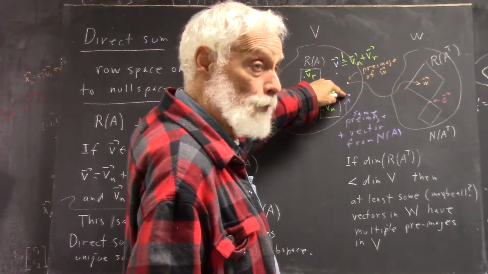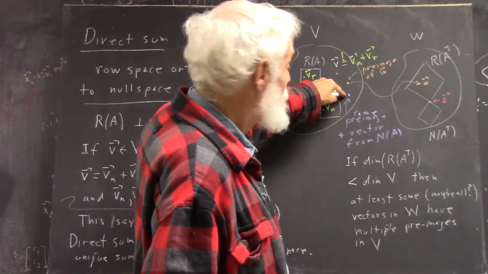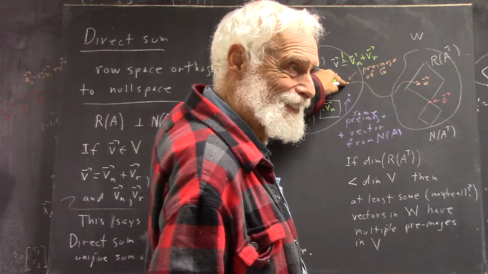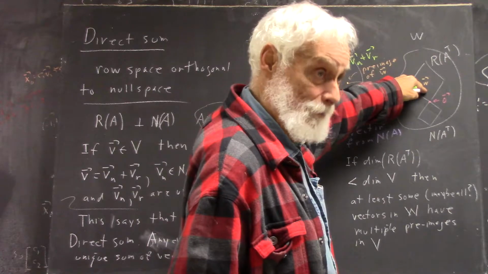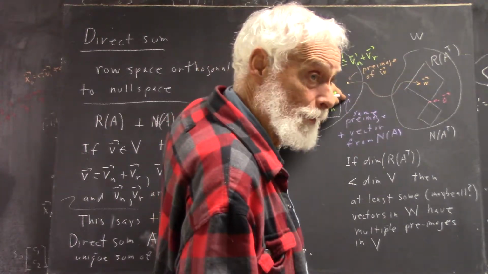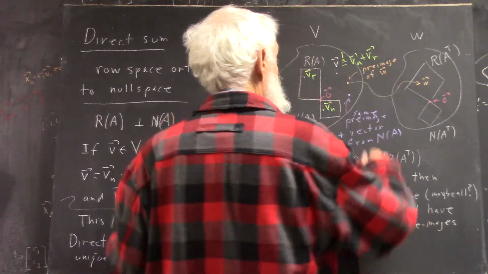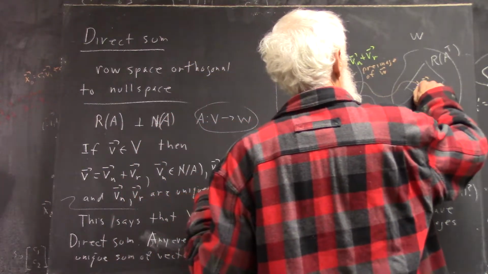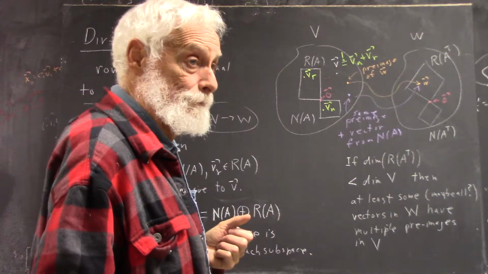Well, when you transform it, the something transforms to W, and the thing from the null space transforms to the 0 vector. So this also has to transform to W. Okay?